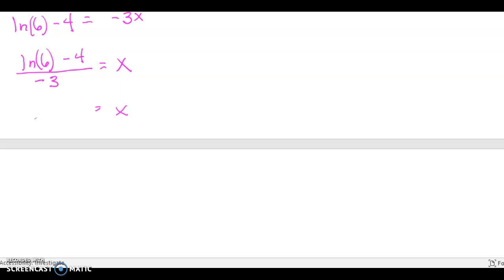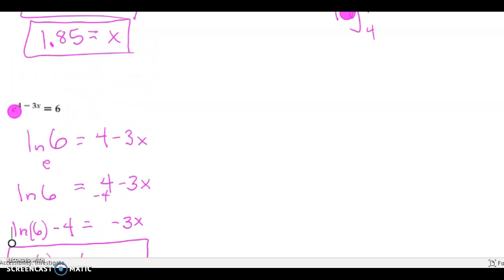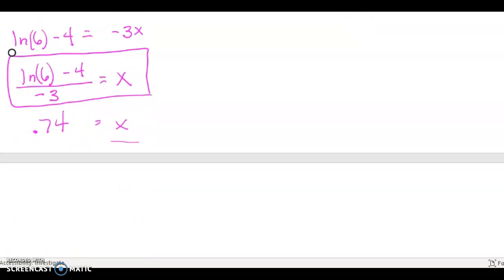And the decimal value should be 0.74. This is what we would consider an exact answer. This is what we would consider to be a rounded off version, not exact. I don't know why it's boxing that, but anyway.